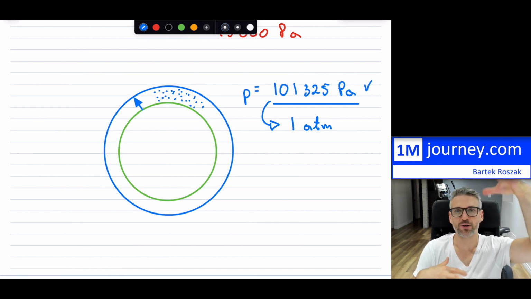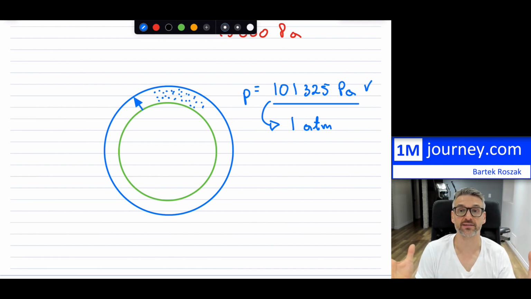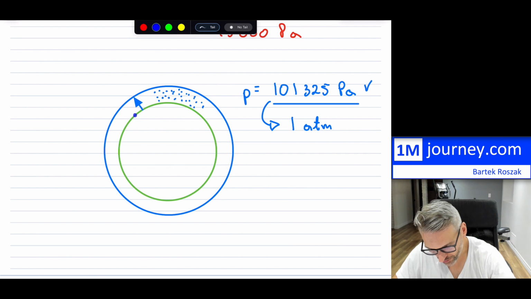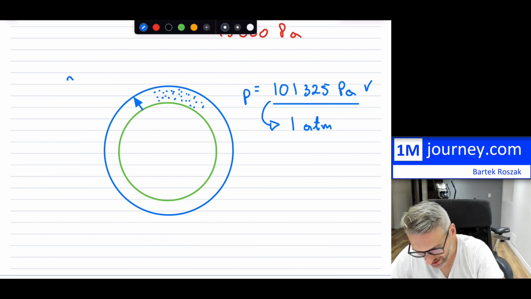But we can figure out maybe the average density between them. Let's try to find out what the average density might be. So if I told you, for instance, that the distance from the Earth to almost the end of the atmosphere, if you go straight up, is approximately 120 kilometers.